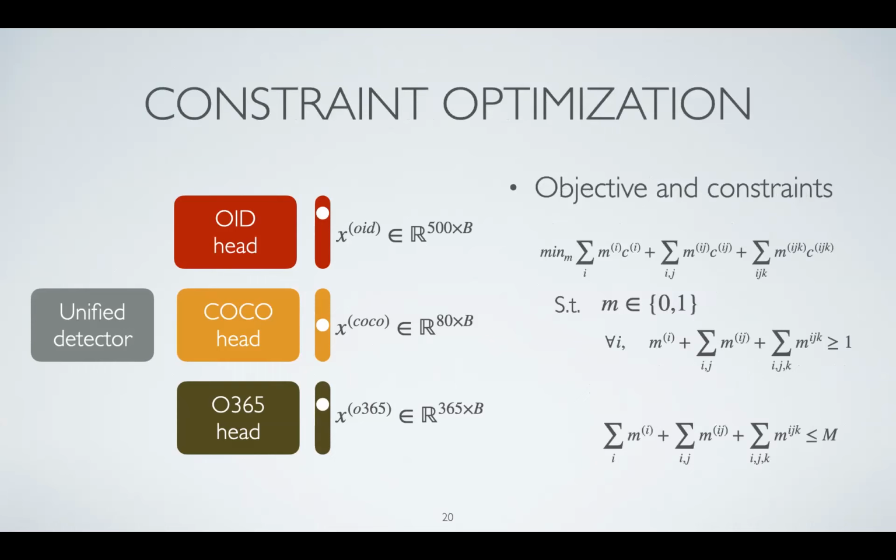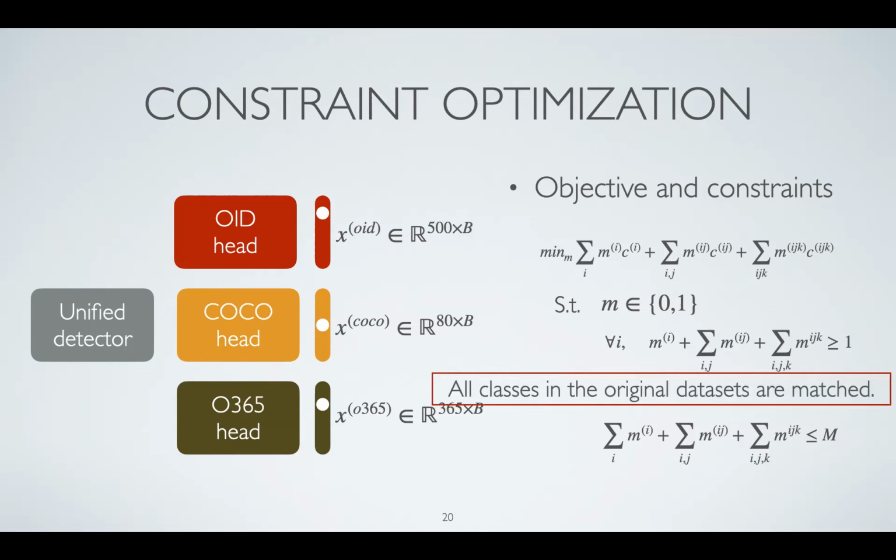With this cost definition, we formulate finding a unified label space as a constrained optimization. The objective is the minimal total cost for all merges. And we require all classes in the original label spaces to be merged, formalized as this linear constraint. And the total number of classes in the unified label space should be within a budget.